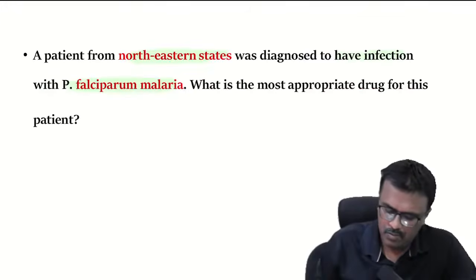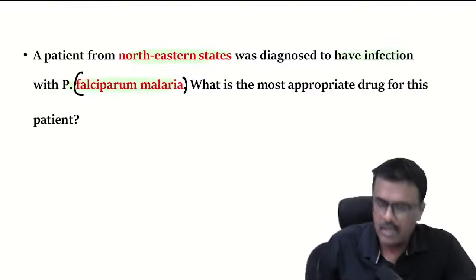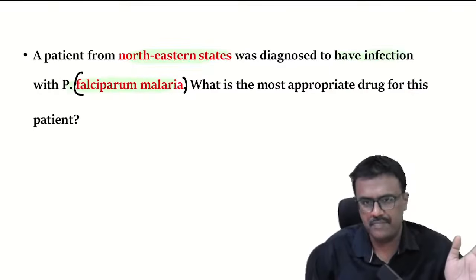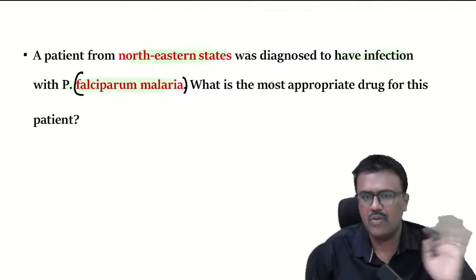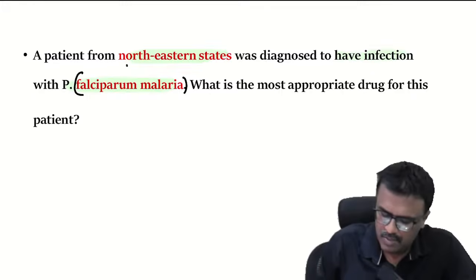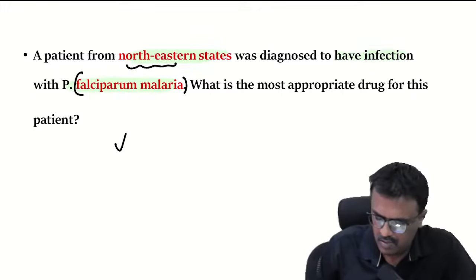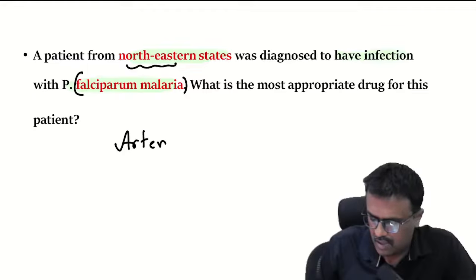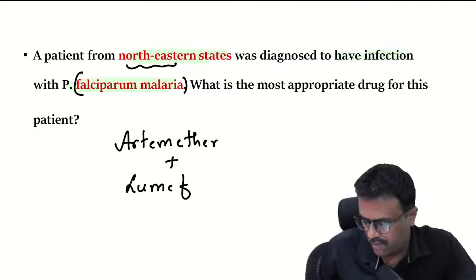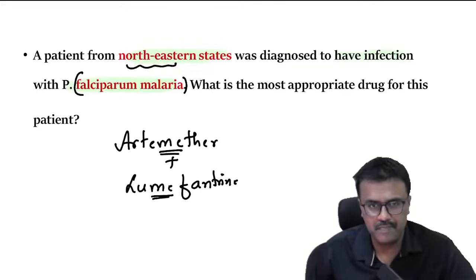Now, coming to falciparum malaria, in India, falciparum will not respond to chloroquine. Chloroquine resistance is seen with falciparum. Now, if the person is from a northeast state, then we use a combination of artemether plus lumefantrine. Remember this for northeast.